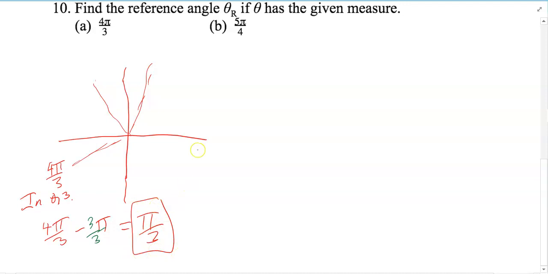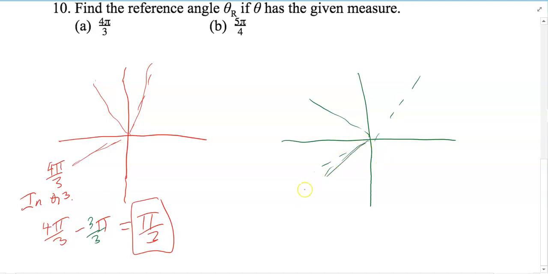Now for 5 pi over 4, again we divide this pi into fourths. 5 pi over 4 is again in Q3.